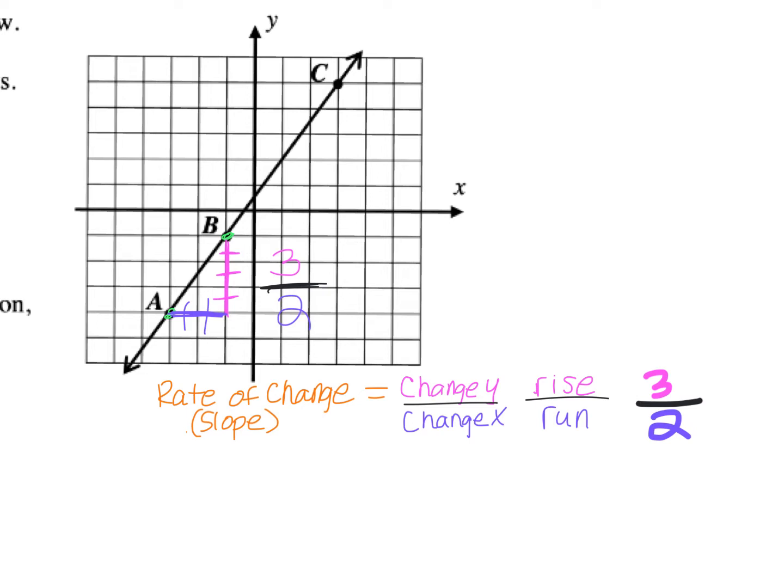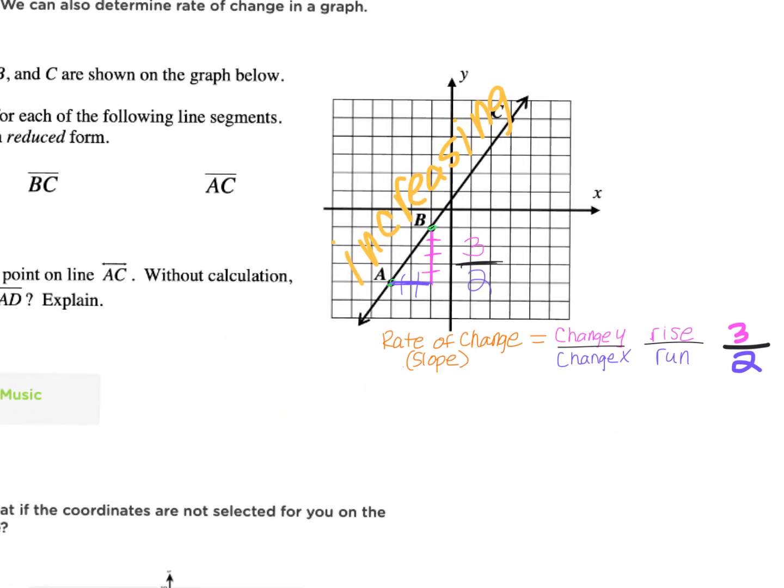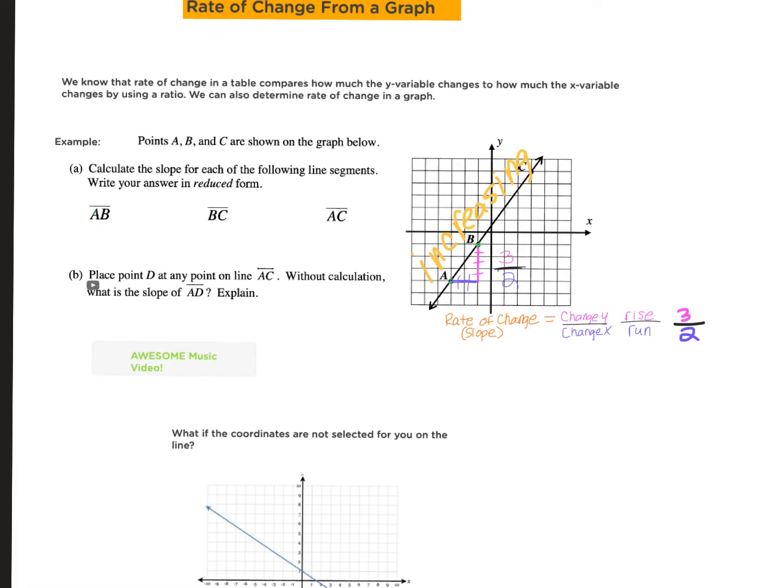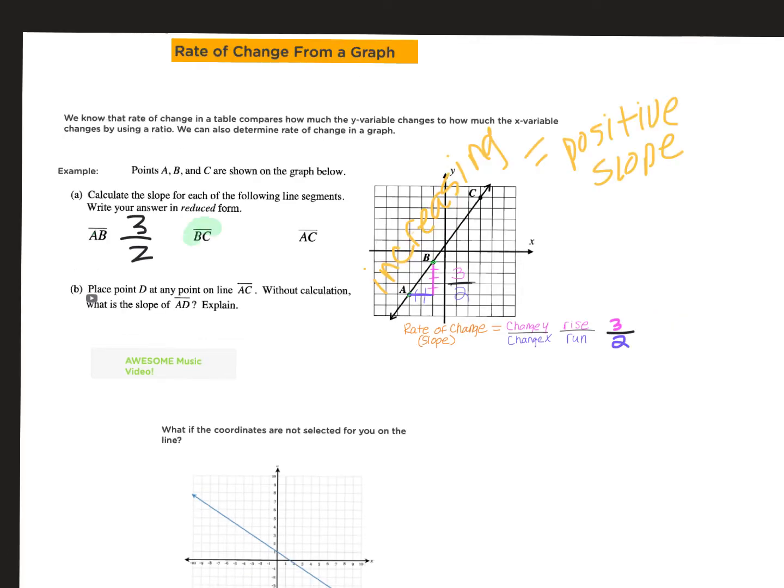Looking in that direction, this is increasing, so this is going to be a positive 3 over 2. Therefore, the slope, also known as the rate of change, of segment AB is positive 3 over 2.